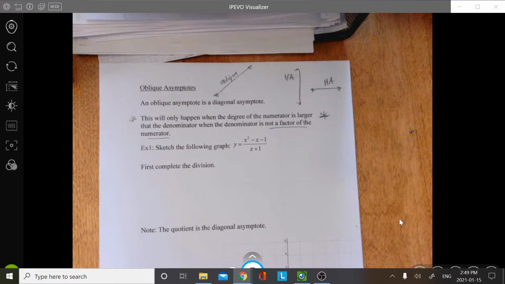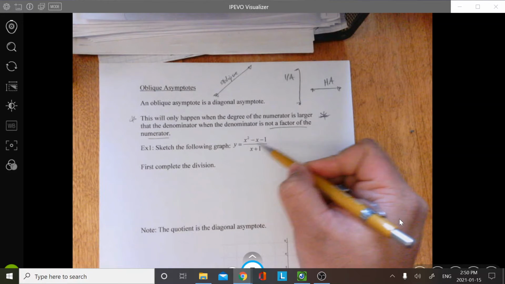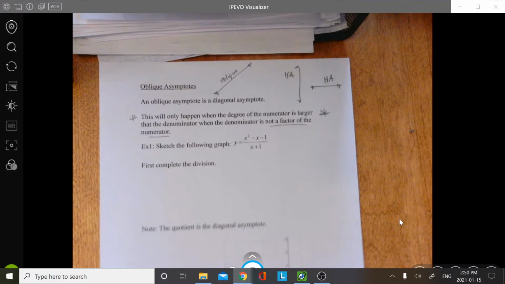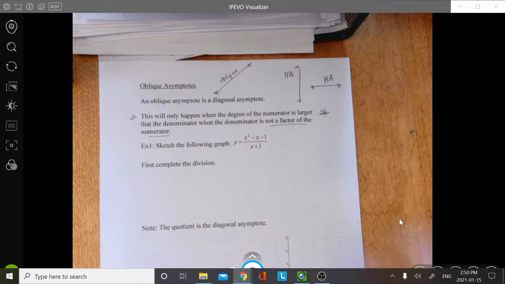When the denominator is not a factor of the numerator any longer. So in this case, x squared minus x minus 1 divided by x plus 1, negative 1 is not a factor of the numerator.